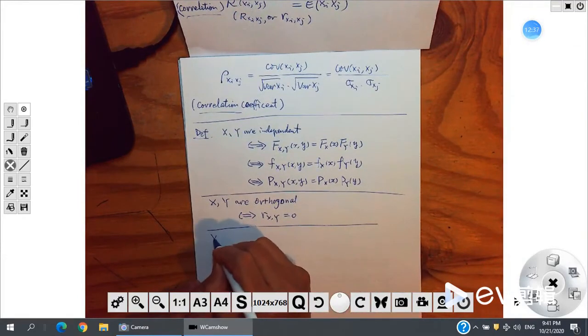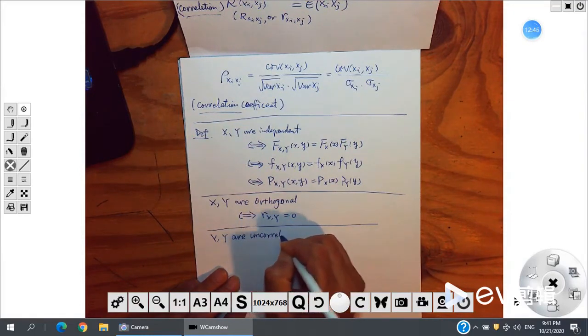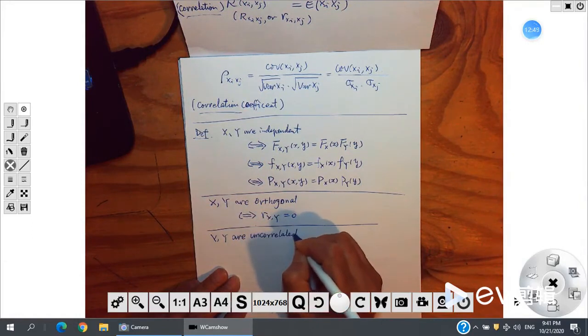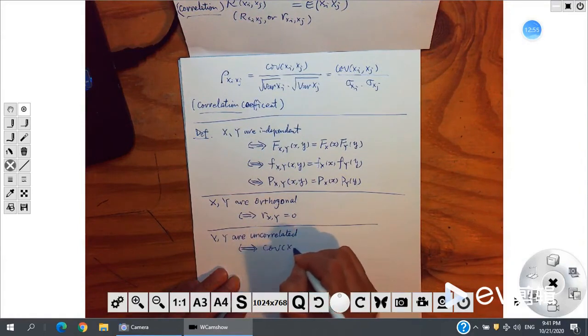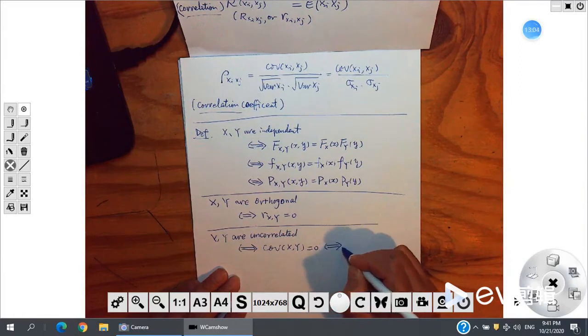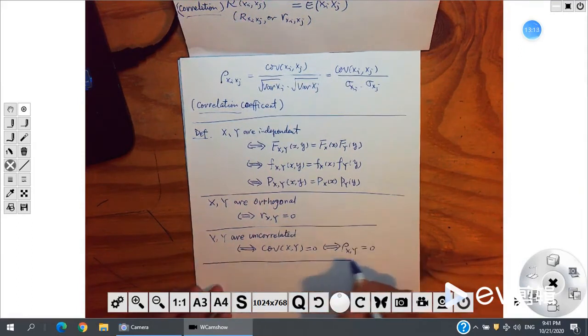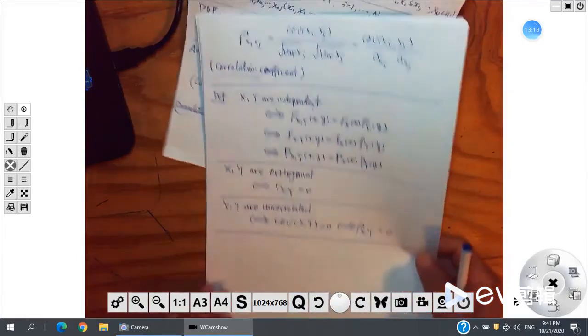And we call X and Y uncorrelated if and only if the covariance of X and Y is 0. The covariance is 0, and this is the same as the correlation coefficient rho xy being 0. This is uncorrelated. Okay, we have these three.